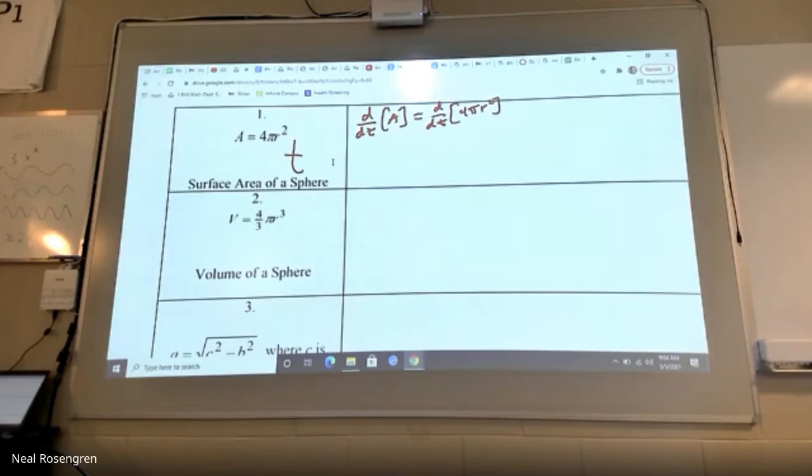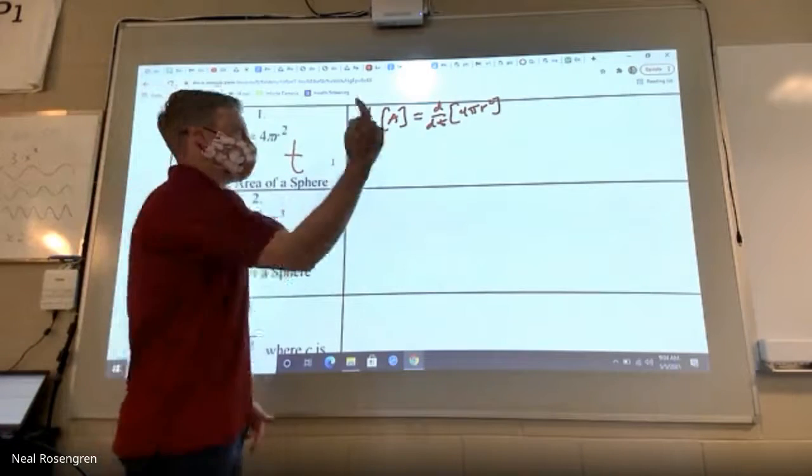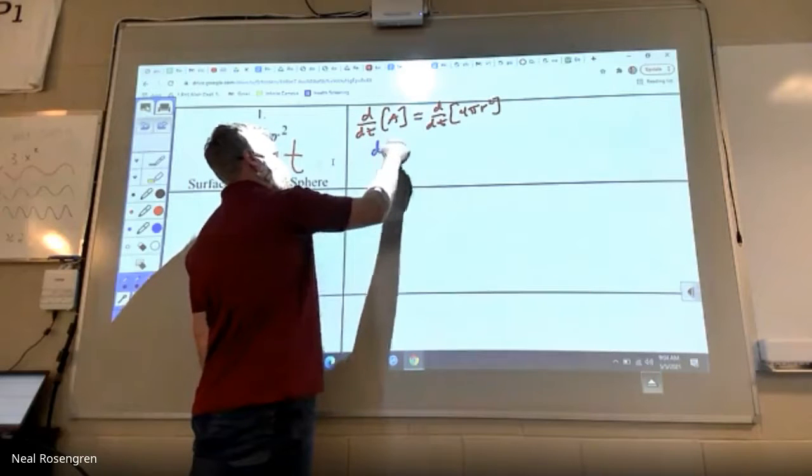Linear, 1. Sweet, there's my coefficient. But I need something attached to that. I'm implicitly differentiating, and the variables don't match. So what do I need? A dA/dt. I need a dA/dt to go with it, just like I always needed a dy/dx when they didn't match. And because it's 1 times, all I really have left is dA/dt.